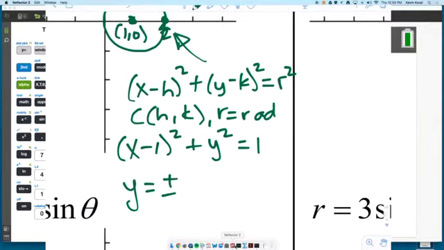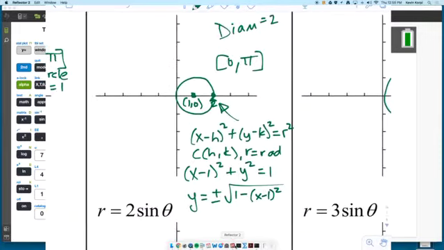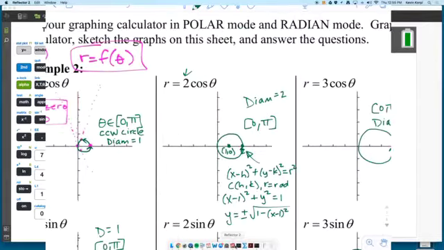It'd be y equals plus or minus the square root of 1 minus x minus 1 squared. So just to create that simple little graph in rectangular form would require 2 equations, both with an ugly radical, whereas in polar form, it's just the cute little equation r equals 2 cosine theta. So a different representation, more suitable in this case because it's not a function of x.